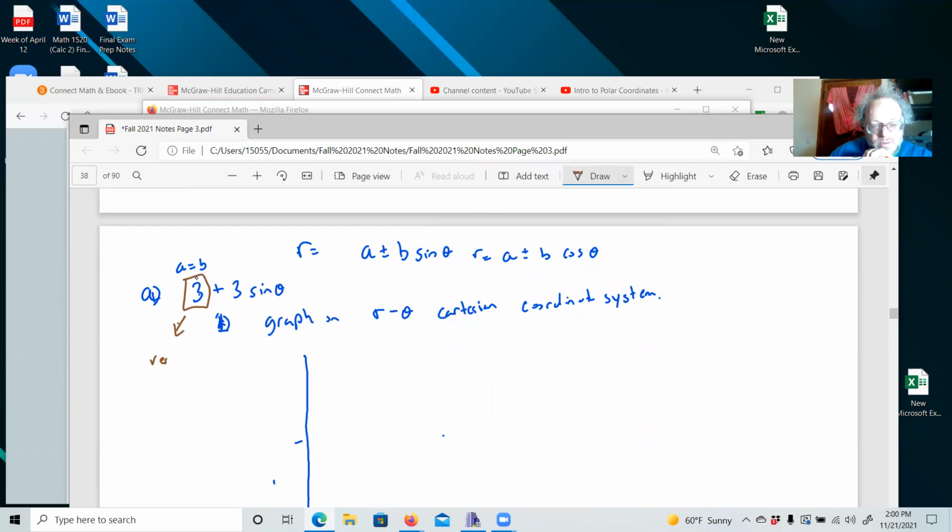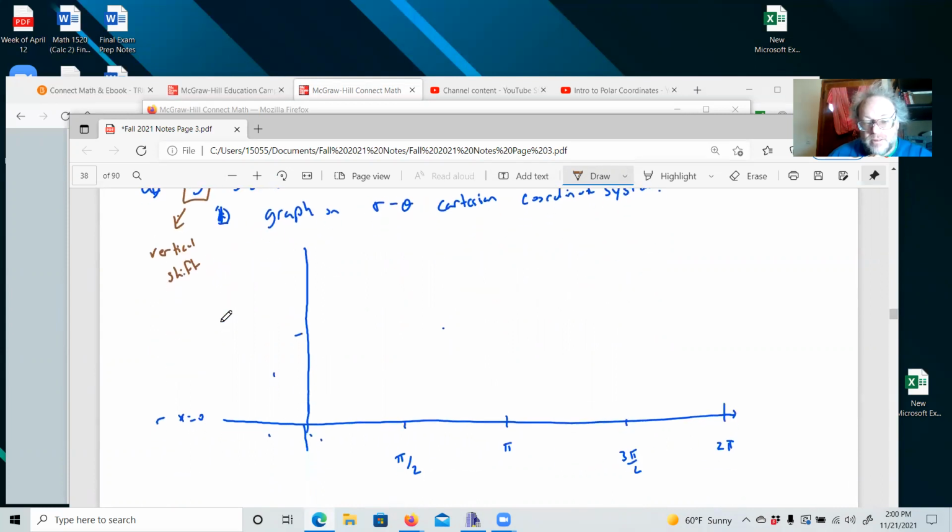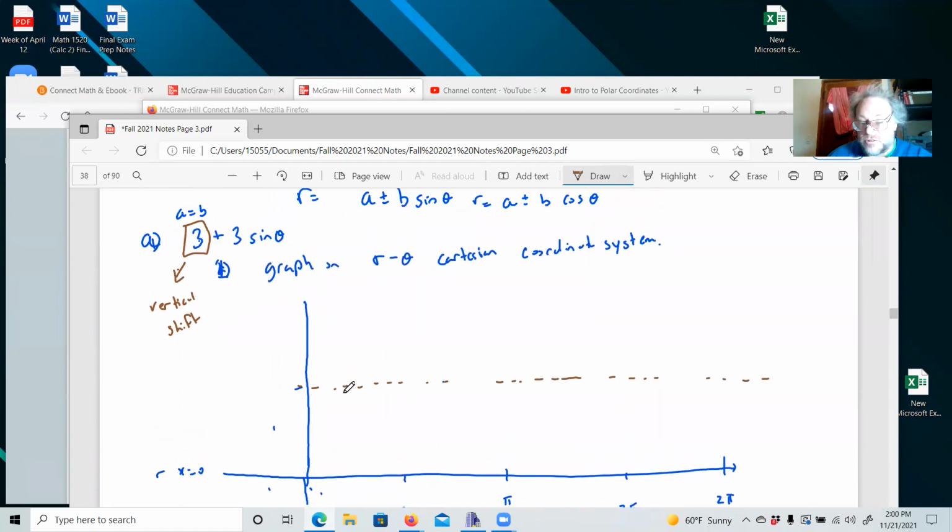So all we're going to do is take this 3 sine theta and move it up three levels. So really, I'm going to think about this brown line here as my axis, because everything is relative to this 3.